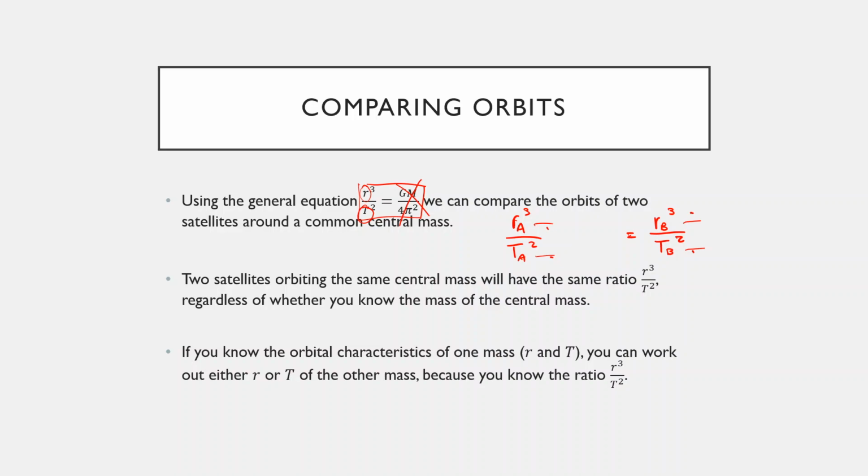Because you don't have to worry about mixing these non-SI units with the SI units of mass and big G. Okay, if you've got the orbital radius in kilometers for A, you just work out the orbital radius of B in kilometers. If you know the period of A in days, then you can calculate the period of B in days. You don't have to do any conversions if you're doing this particular kind of analysis, okay?